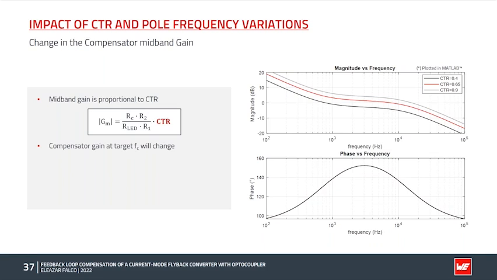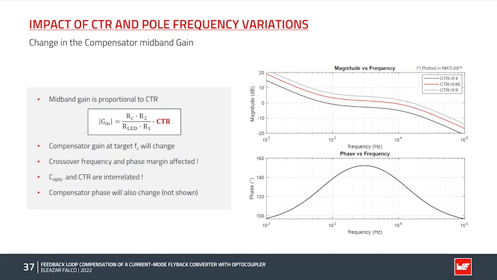This can be seen here in the Bode plots, how the CTR variation shifts the magnitude curve of the compensator up or down in our design. Knowing this, we can advance that the open loop crossover frequency will also change, and with it, the phase margin affecting the transient response.